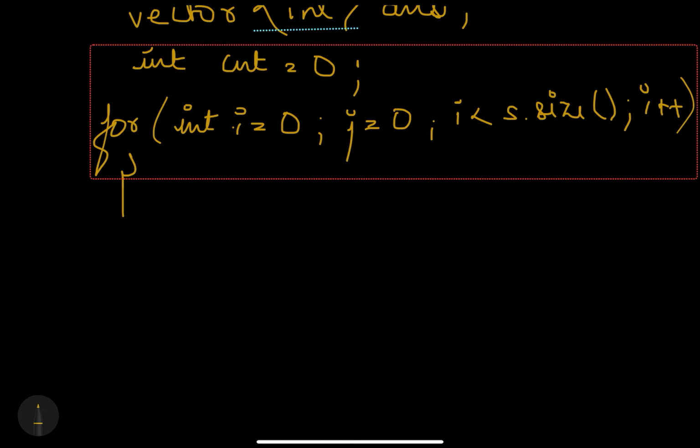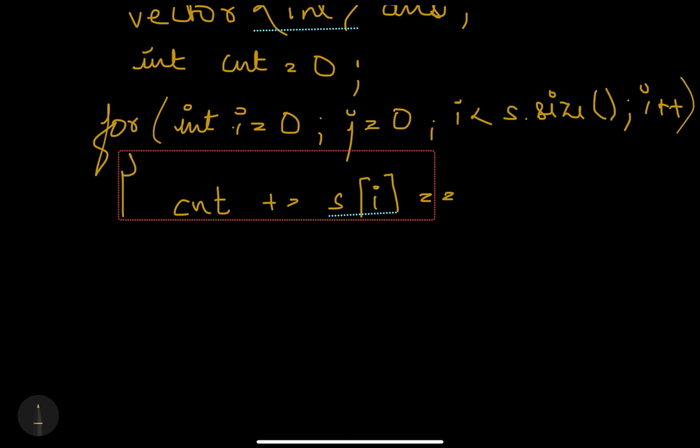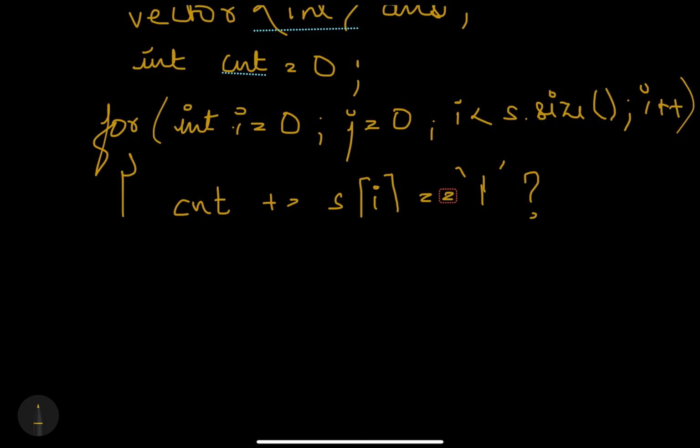Now inside this loop, we'll update our count variable first. This counter variable adds +1 if the character is 1, else it adds -1.